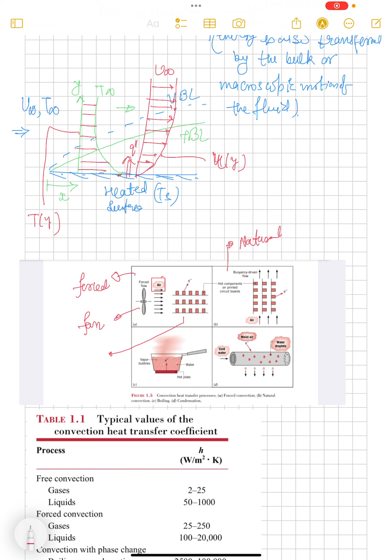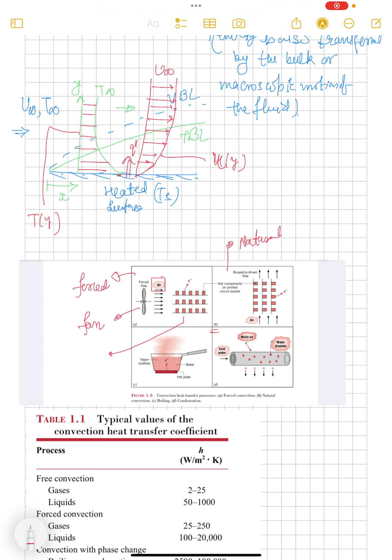So we use a fan in our laptops to cool the PCBs. So this is forced convection. Forced convection is an efficient mode of heat transfer as compared to other convection heat transfer, like we can see in this figure B.